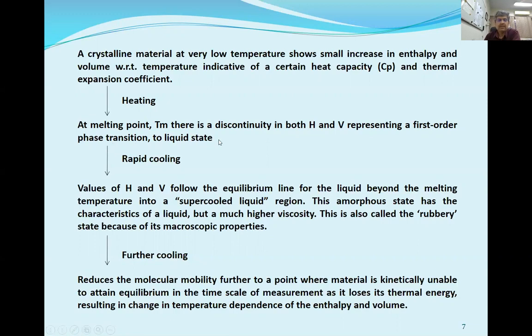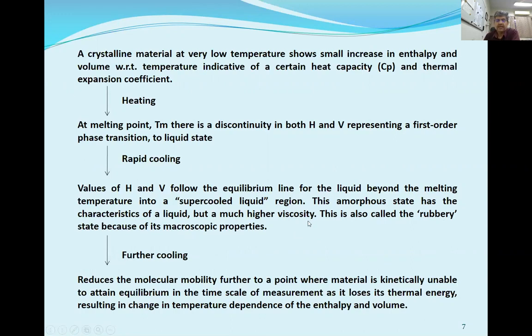that the material melts. If you rapidly cool the molten sample, values of enthalpy and volume follow the equilibrium line for the liquid beyond the melting temperature into a supercooled liquid region. This amorphous state has the characteristics of a liquid, but it has a much higher viscosity. This is also called the rubbery state because of its macroscopic properties.